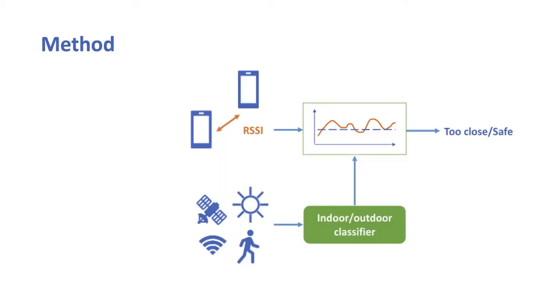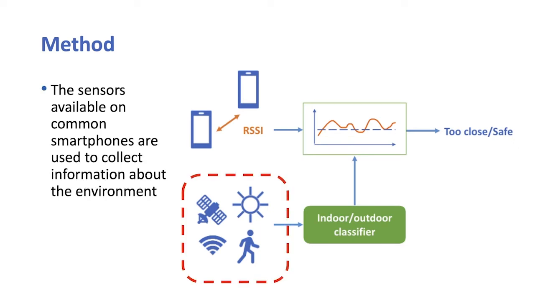Here we have an overview of the method. So first of all, the sensors available on common smartphones are used to collect information about the surrounding environment.